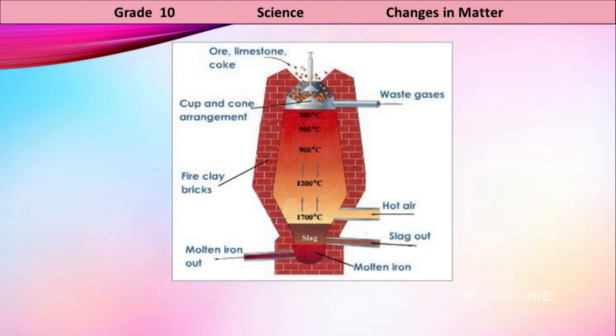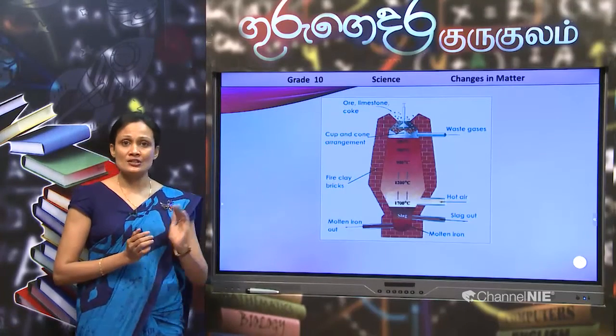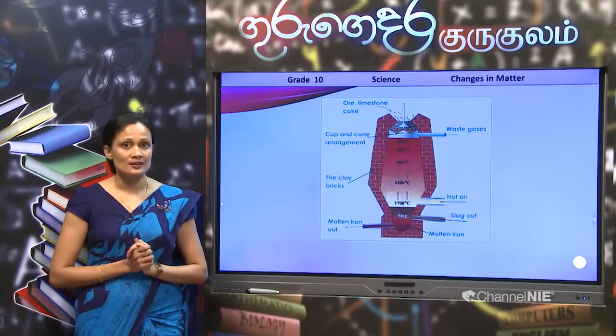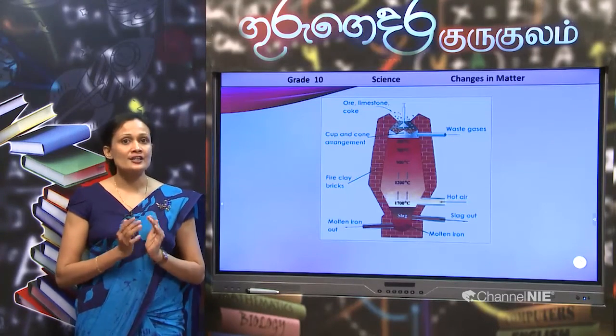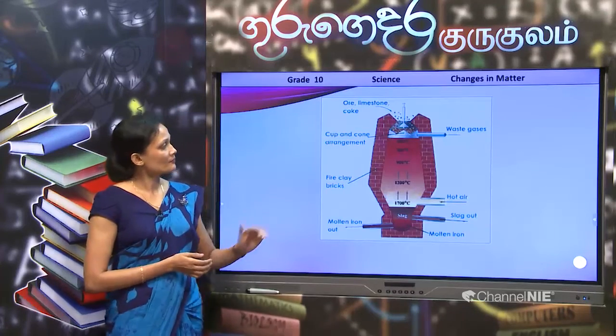Due to the hot air that we send from the bottom, the temperature inside the blast furnace is created. And there is a fire clay brick wall. The reason is the higher temperature inside the blast furnace. To withstand that higher temperature, the fire brick wall is present.